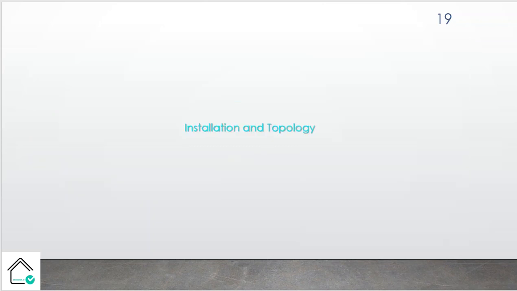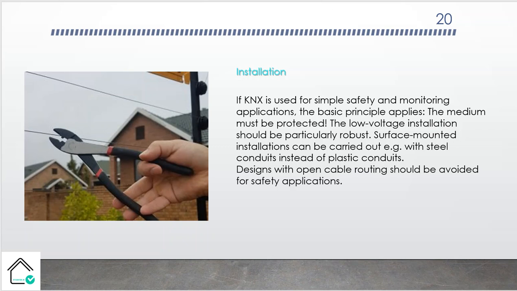Great, so let's go for installation and topology. In the book there are some points for installation and topology of the security systems. So, in installation, if KNX is used for simple safety and monitoring applications, the basic principle applies if you want to use the KNX: the medium must be protected.